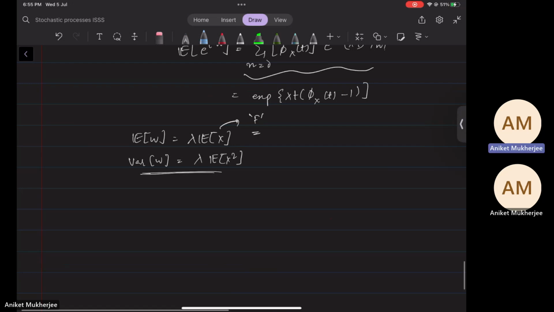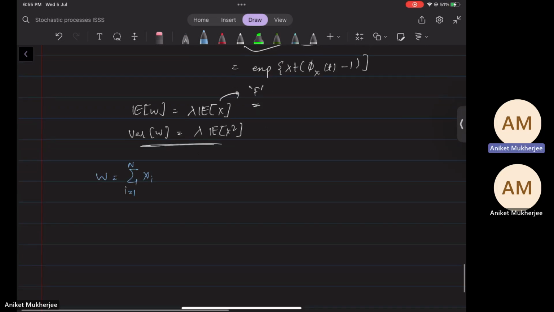So next, we know the compound Poisson random variable is the summation i equal to 1 to N of Xi.